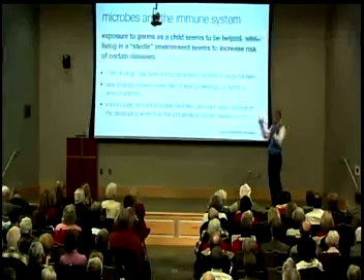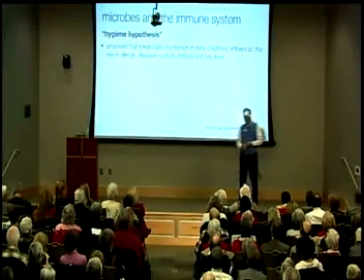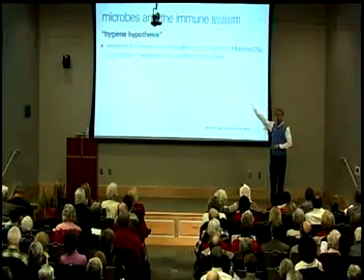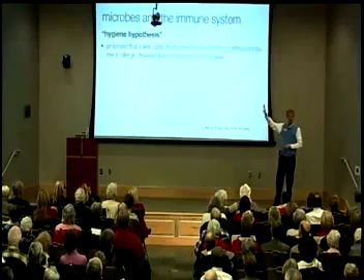Those pieces all together form something that was called the hygiene hypothesis. Now, I'm going to tell you what the hygiene hypothesis is, and then I'm going to tell you what modifications have been made to it in the last 4 or 5 years.